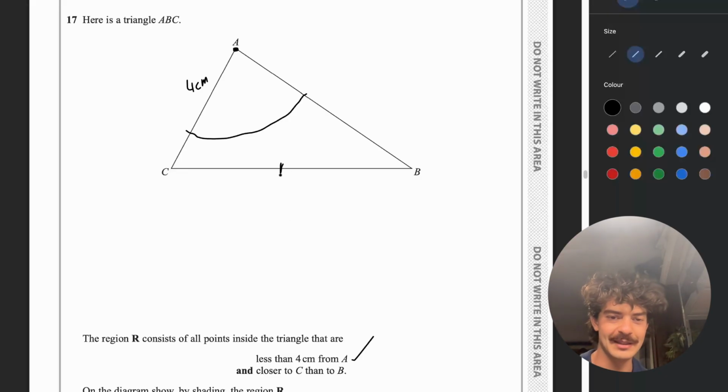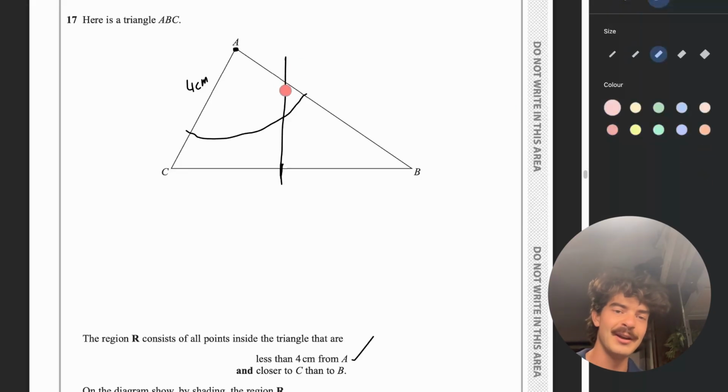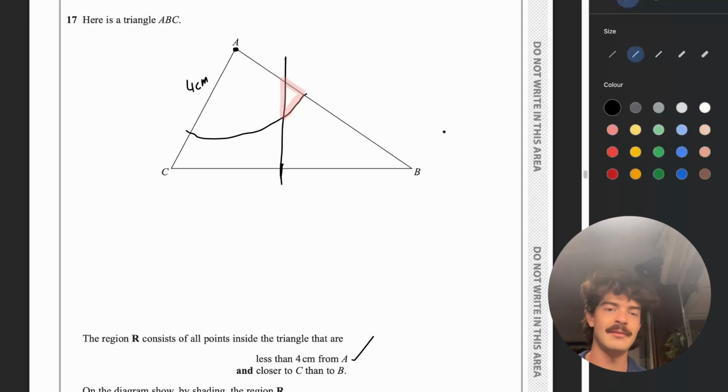Probably somewhere like here-ish, right? That's about the midpoint. And actually just drawing a vertical line here ensures that everything to the left of it is closer to C and everything to the right of it is closer to B. Lo and behold, we're left with our little bit of a region up here that is true for both. It's closer to B, so it's to the right of this line, but it's also within 4 centimeters of A. And this is our region. Nice.